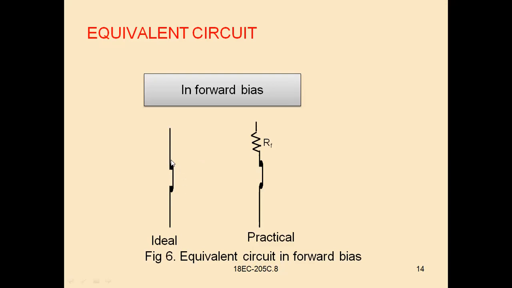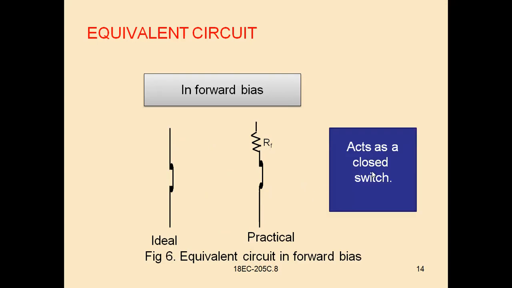That's why here it is closed, where there is not at all any resistance in the circuit, ideally. But practically in forward bias, we will have some forward resistance. In the ideal case the forward resistance is 0, whereas in the practical case you can have at least some minimum forward resistance. The diode will act as a closed switch in forward bias.